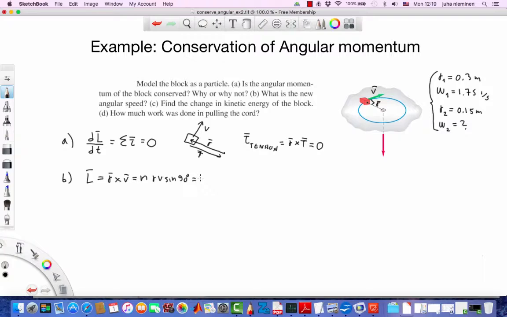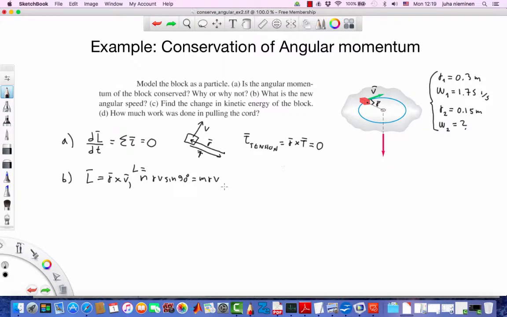So the magnitude of L is mrv sine 90, which is mrv.